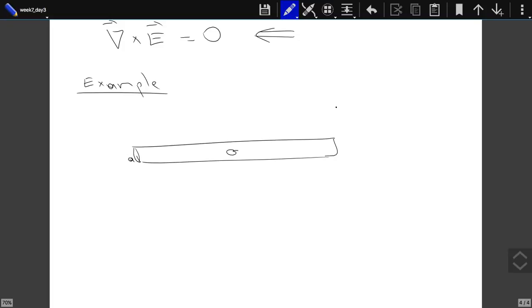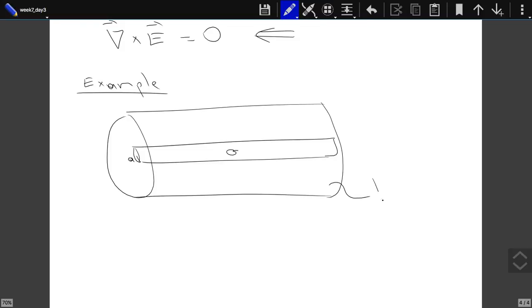Outside it is covered with a plastic. Outside we have a cylinder. This is made up of a dielectric. So the question is, what is the D field everywhere?